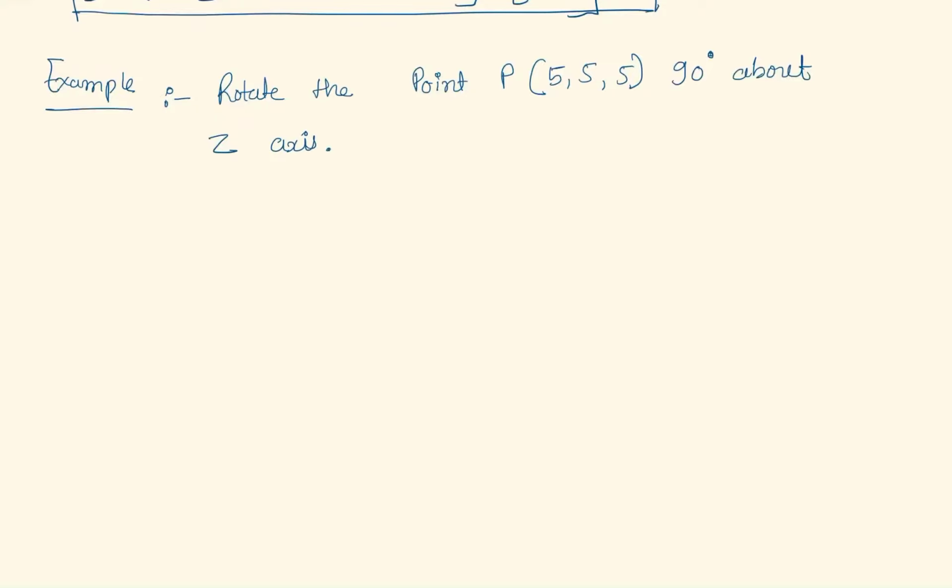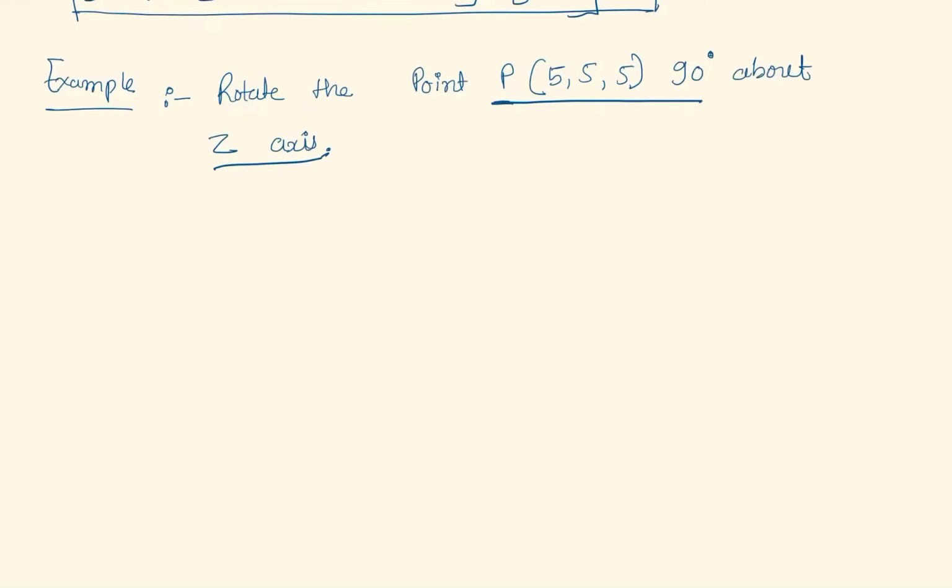This kind of example will be asked in the GTU exam for 7 marks, and it is most important, and we have to do it carefully, because rotation has 3 equations, that is z axis, y axis and x axis. So here in this example we have to rotate the point P by 90 degrees about z axis. So we need the z axis rotation matrix.